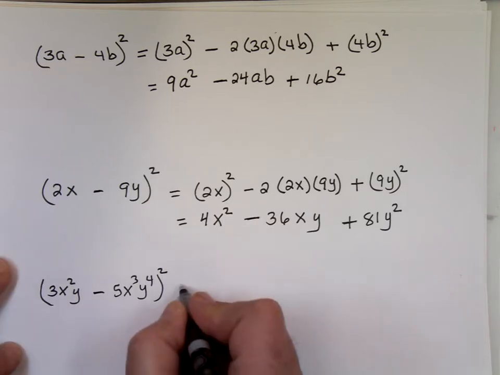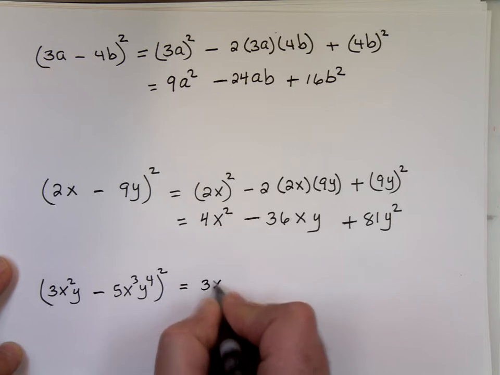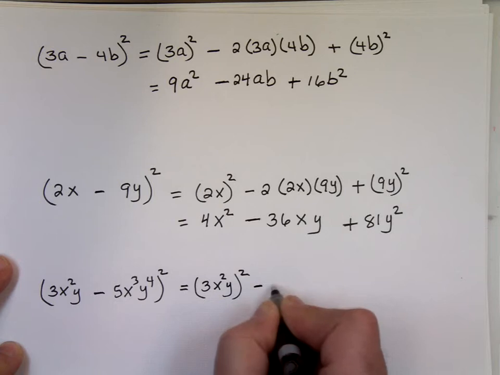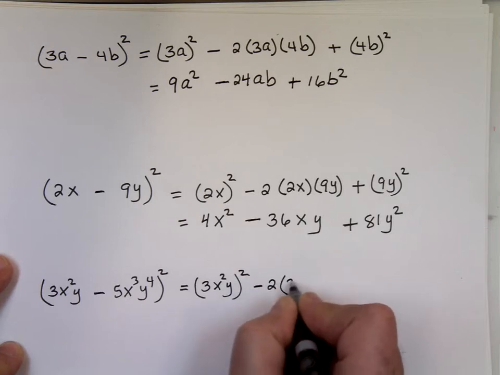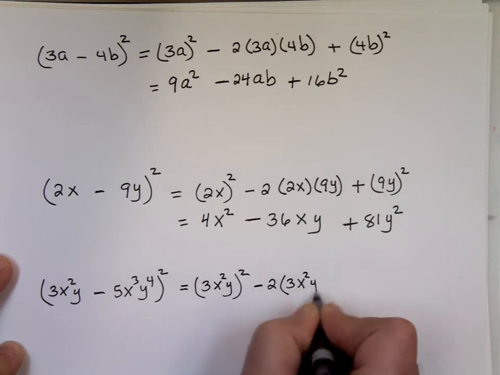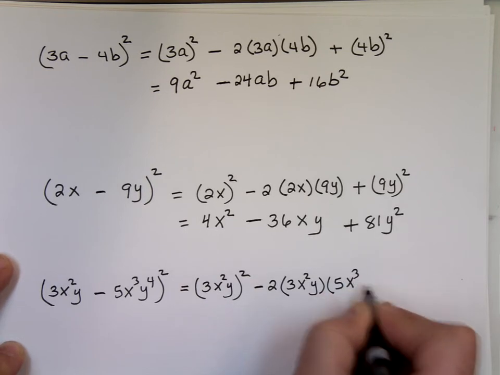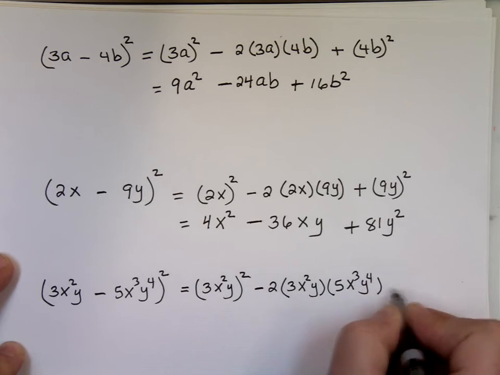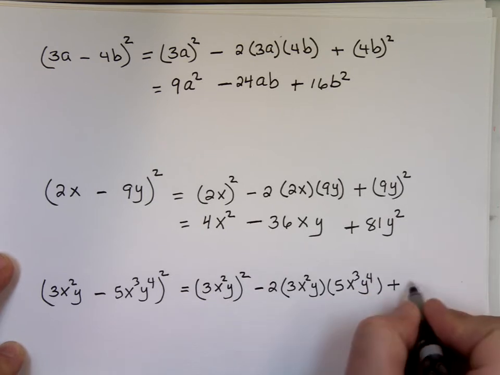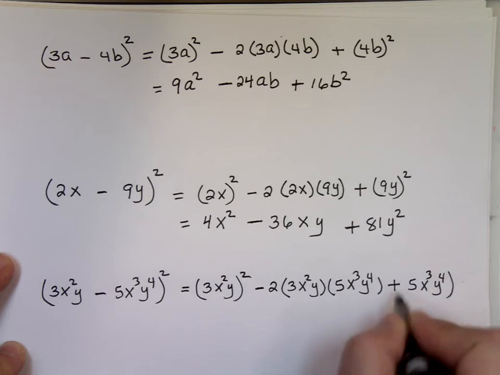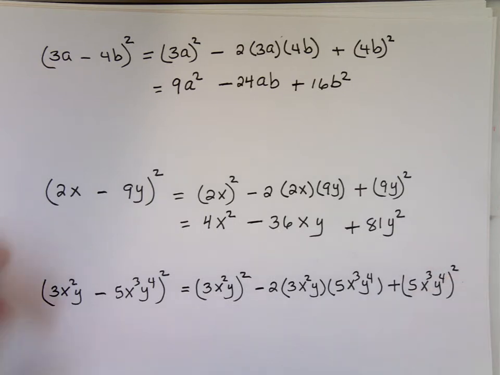Square the first, minus 2 times the first times the second, plus square the second. Square the first minus 2 times the first times the second and square the second.